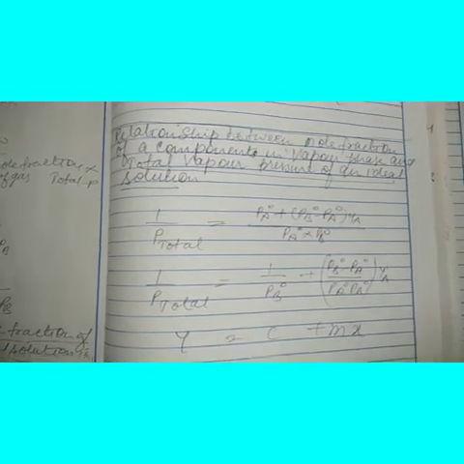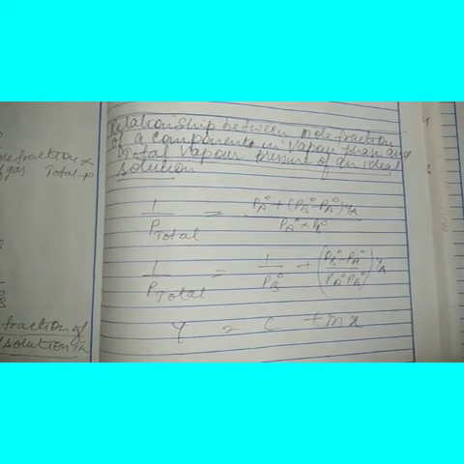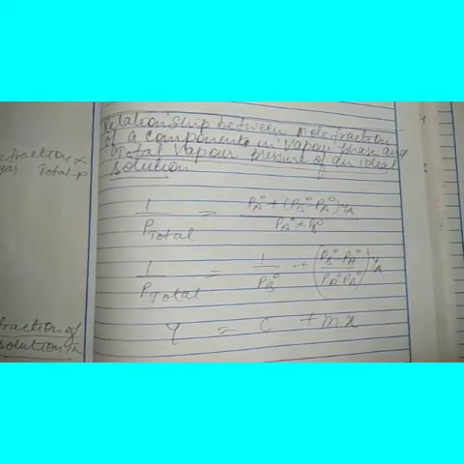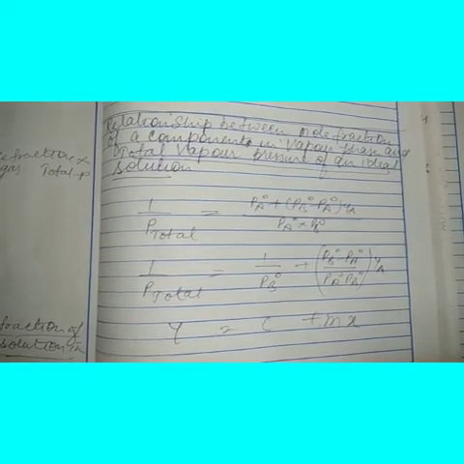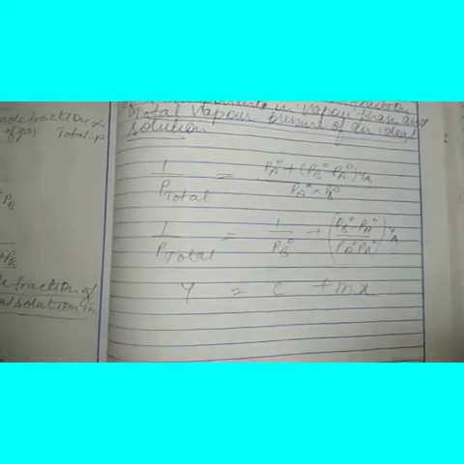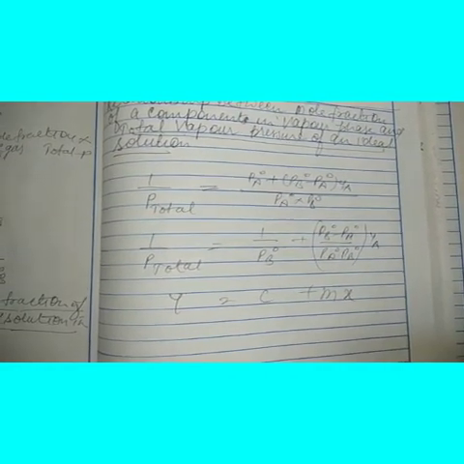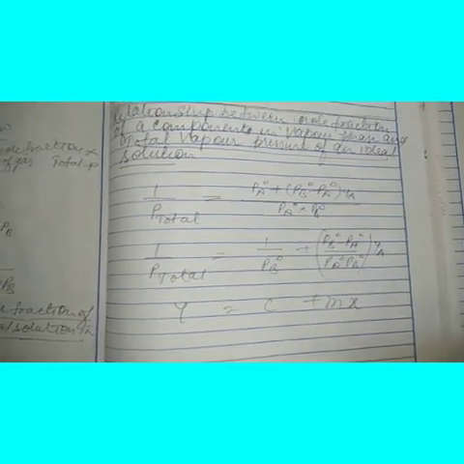We can write it another way: 1 upon P total equals 1 upon PB naught plus (PB naught minus PA naught) upon PA naught PB naught into YA. This also follows the straight line equation. Clear? This is also important for competitive examinations.